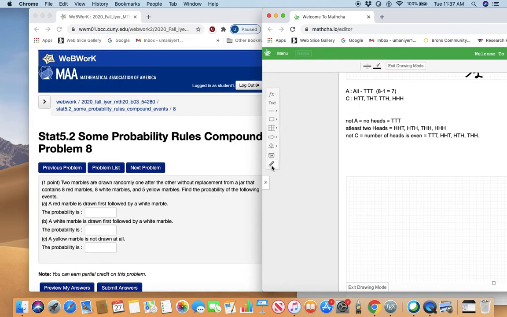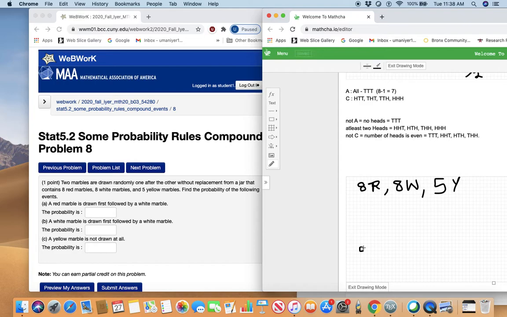So what do we have? 8 red, 8 white, and 5 yellow. So we have these marbles in a jar, and we are drawing 2, one after the other without replacement. Find the probability of the events.